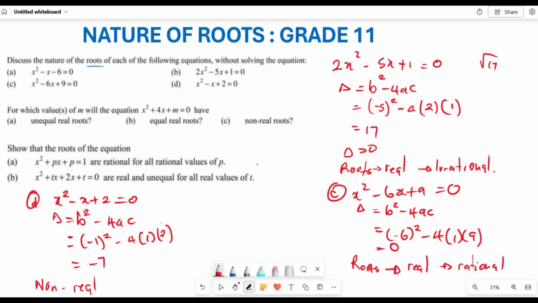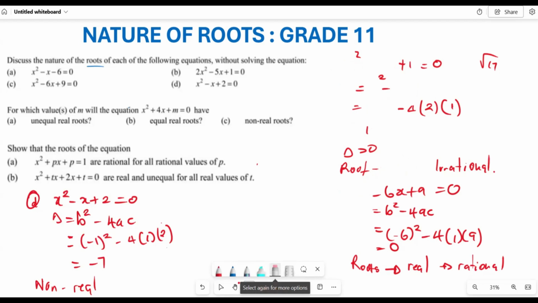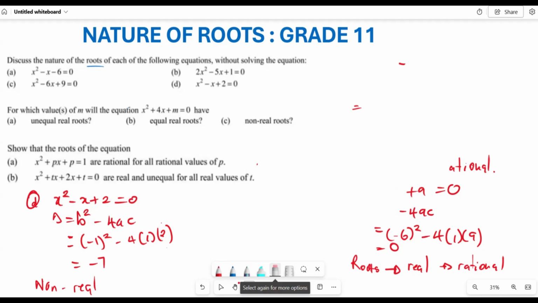Now, I want you to look at the next question. I want us to examine the next question carefully so that we can see what you're having in here. In the next question, they say for which values of m. Let's just remove here quickly.